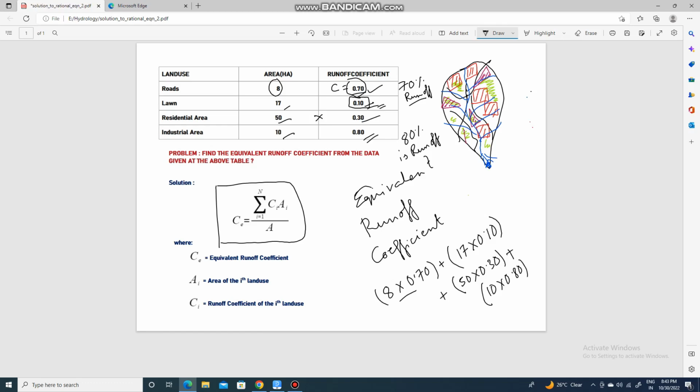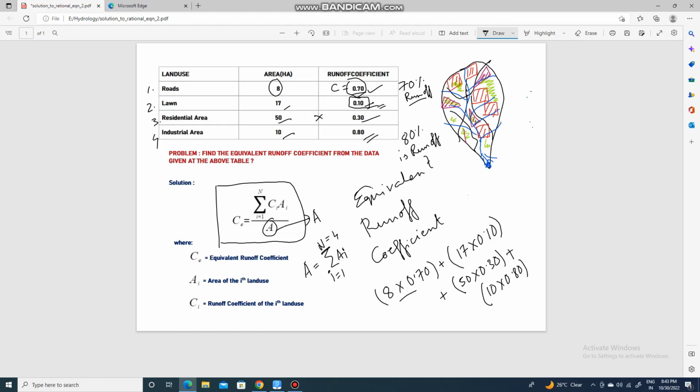Now you will say, what is this A? This A is the total area, which is equal to the sum of the areas. N is the total number of land uses. In our case, there are 4 different types of land use, so N is 4.